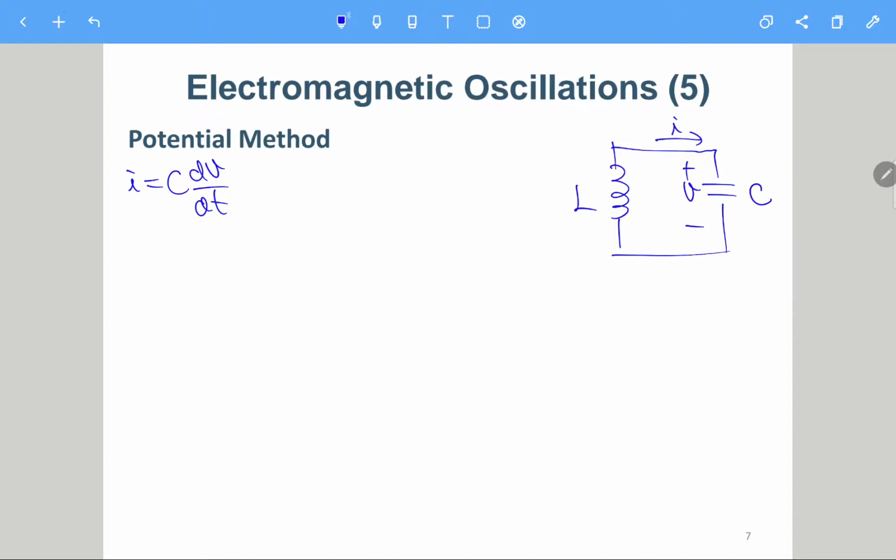Next, as much as I is going in this direction, VL is like this. So we can see VL will be L di dt.